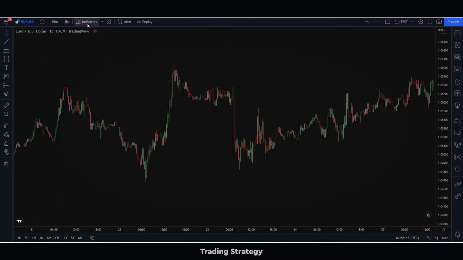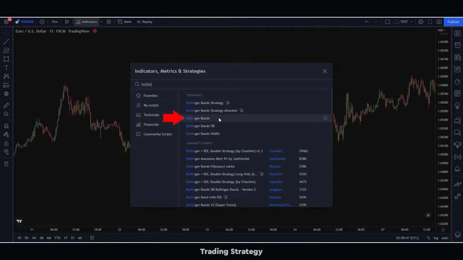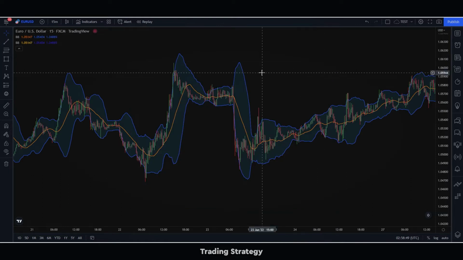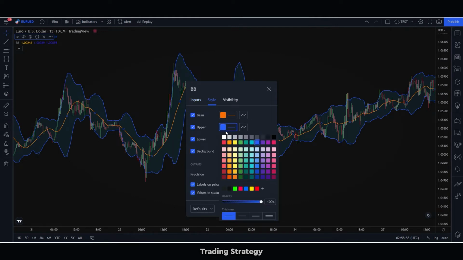The first thing we will have to do is select 2 Bollinger Bands. The first one, we will configure it with a deviation of 2, and we will put the color of the bands in green and the moving average in red.